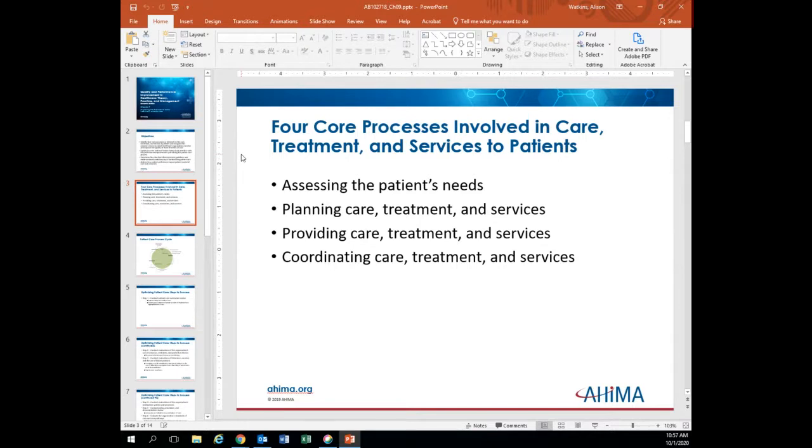It's a little bit misleading, but core process number 4 is coordinating care, treatment, and services. And again, if you think about the word outcome, that will help you remember what this core process is all about. So again, let's look at that definition.